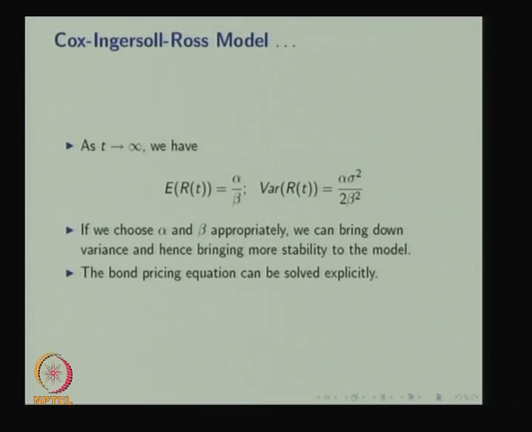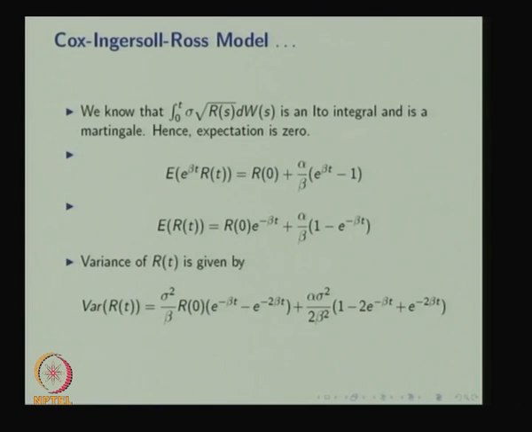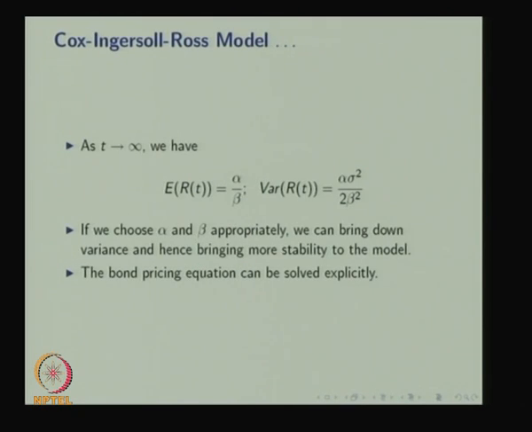Similarly, you can find the variance of R of t as t tends to infinity. You will get this term, and with R of 0 equal to 0, you will get alpha times sigma square by 2 beta square. So this is the asymptotic behavior of R of t with the assumption R of 0 is equal to 0.